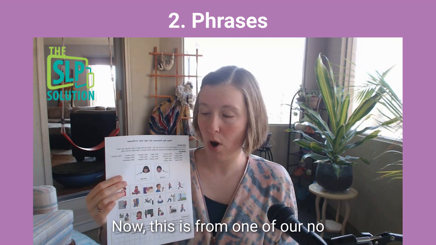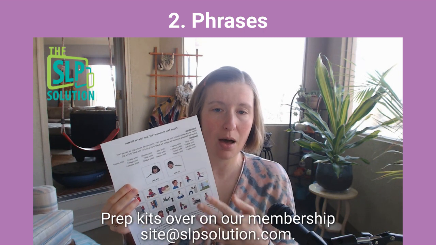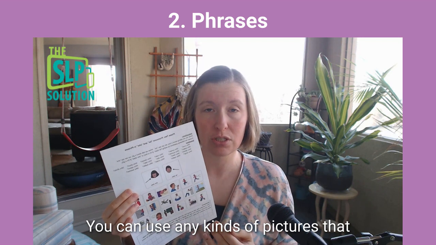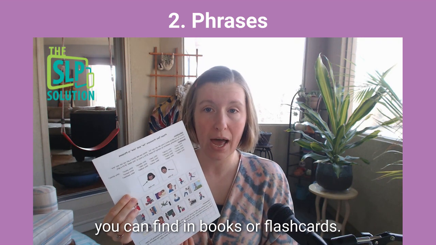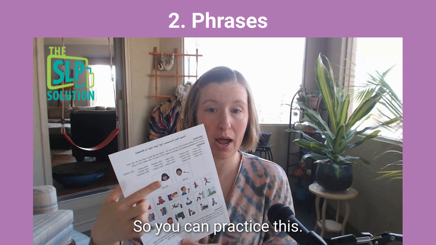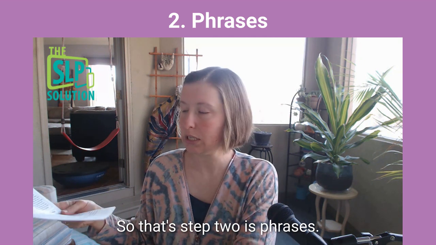Now, this is from one of our no prep kits over on our membership site at slpsolution.com, but you don't need this. You can use any kinds of pictures that you can find in books or flashcards. You just need pictures of people doing things so you can practice this he does, she does. So that's step 2 is phrases.